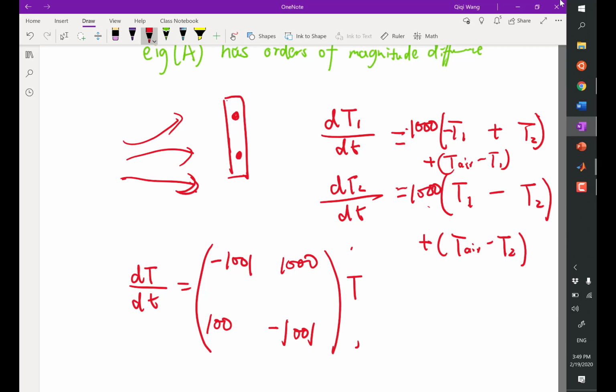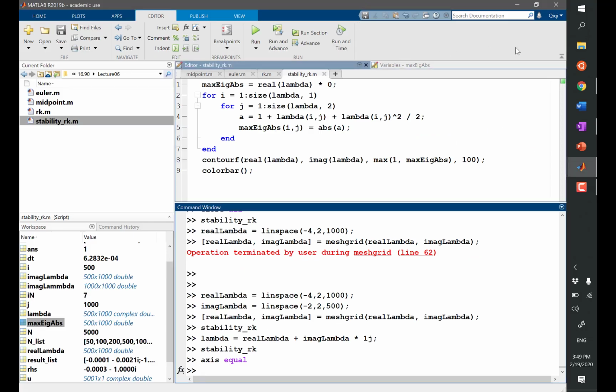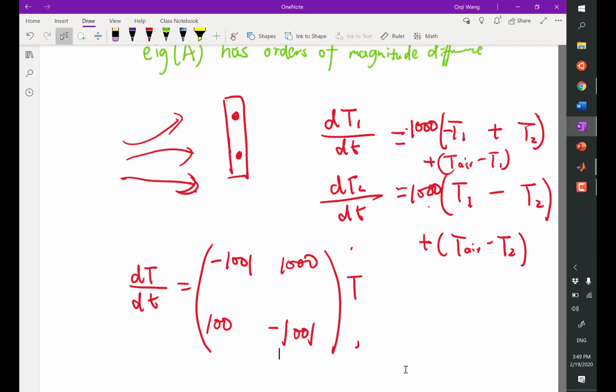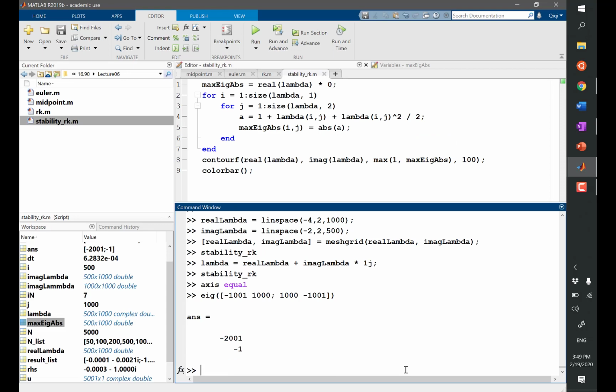Well, it may not be obvious to you that you're going to get two eigenvalues that are 1000 times different, but if you look at enough physical systems, discretizing equations, it becomes pretty obvious. So if you take eigenvalues, is it minus 1001, 1000, and 1000, right? And well, I think I missed a zero here. And minus 1001, it's going to become like minus 2000 and minus 1. Basically, you have two eigenvalues, very different.